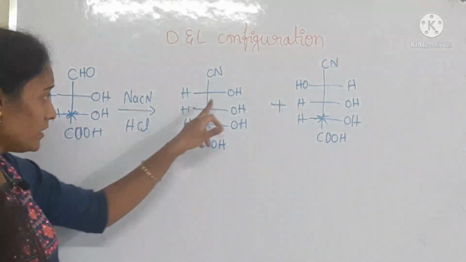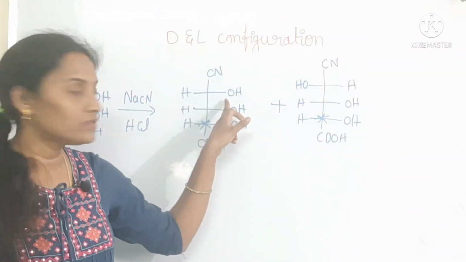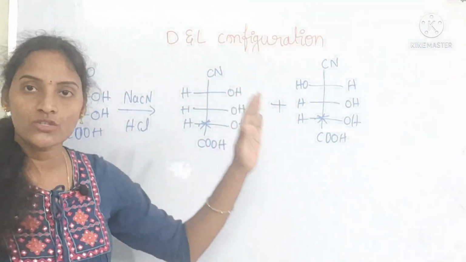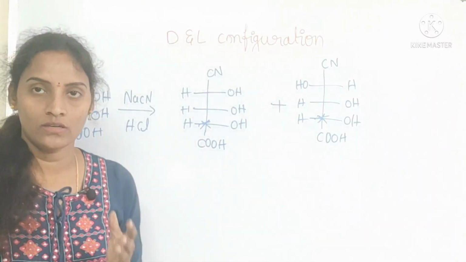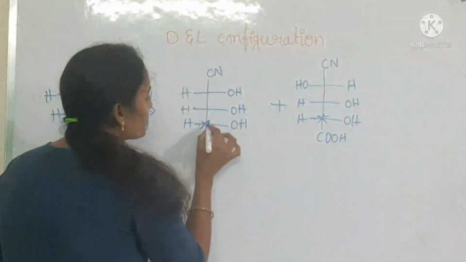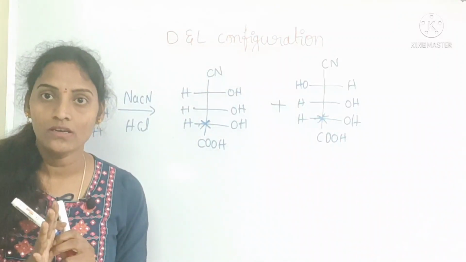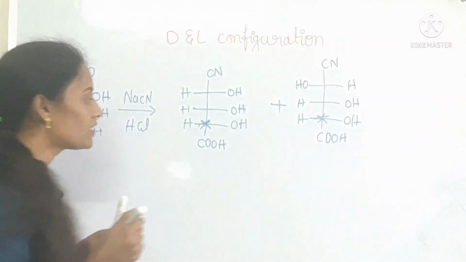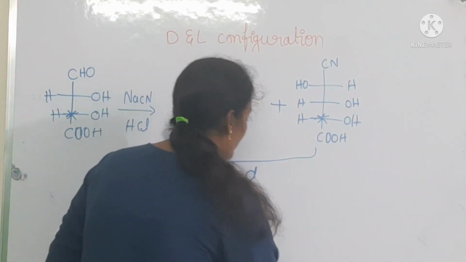See, here the aldehyde group converts into alcohol. In one isomer OH is on the right side, in the other isomer OH is on the left side. That is not important here. What you have to observe is the bottommost asymmetric center. There is no change in the configuration of the bottommost asymmetric center. This is the D configuration.